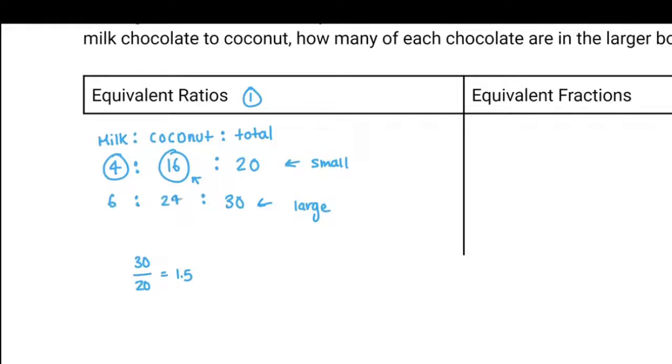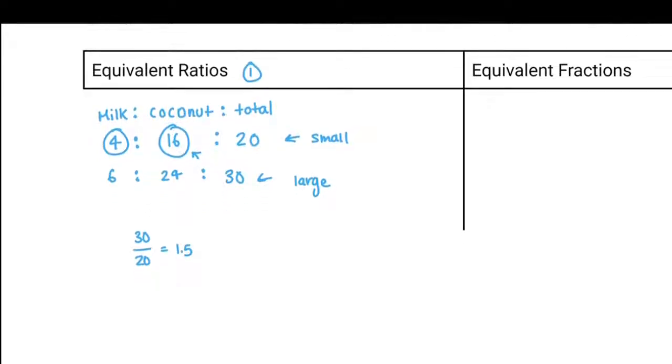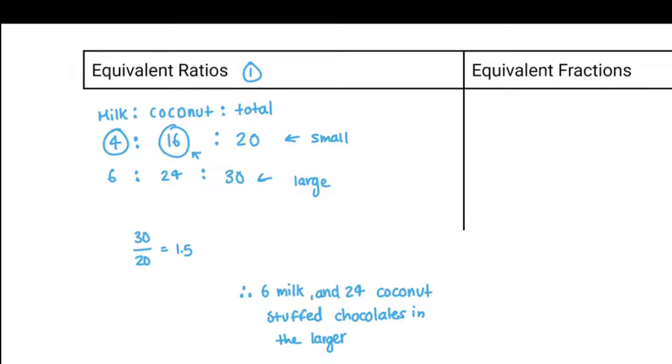So 24 right here. So therefore, there are 6 milk and 24 coconut stuffed chocolates in the larger box.